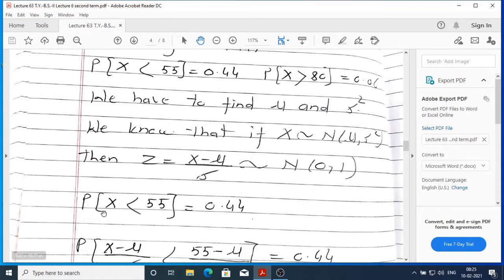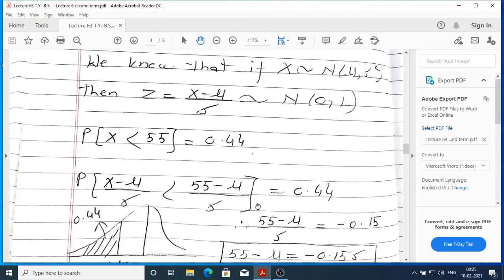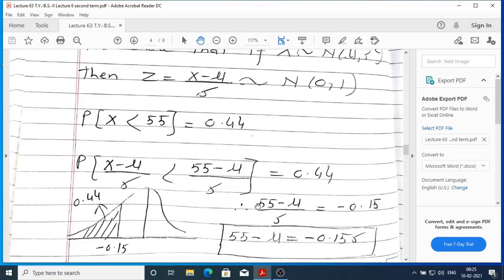In the first information, probability x less than 55 is equal to 0.44. So we can convert the range of x in terms of range of z as probability (x minus mu) upon sigma less than (55 minus mu) upon sigma is equal to 0.44.